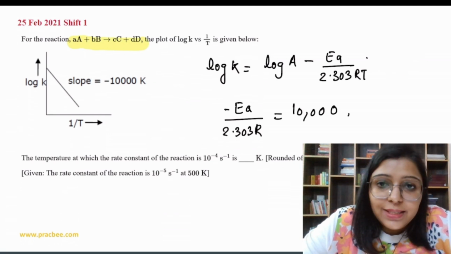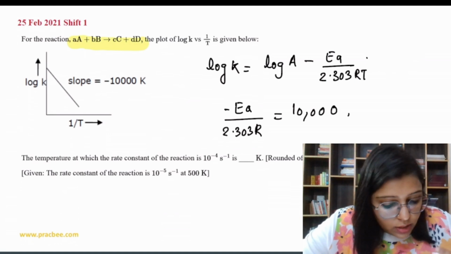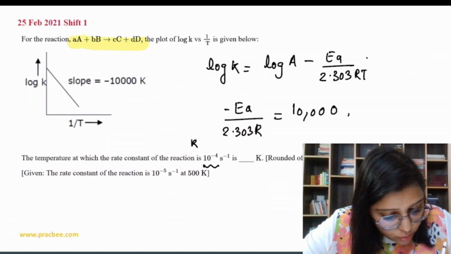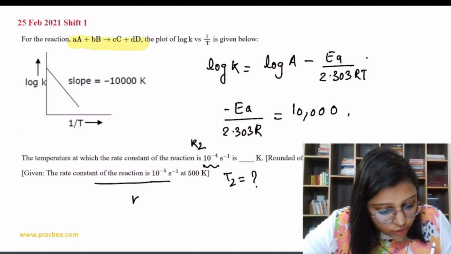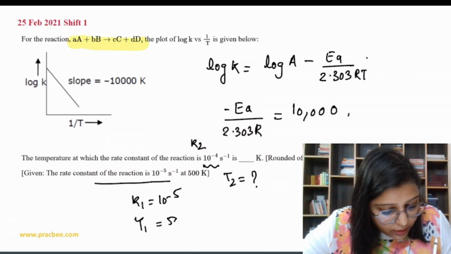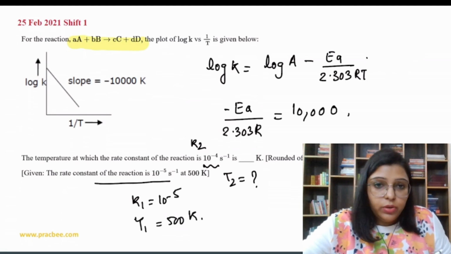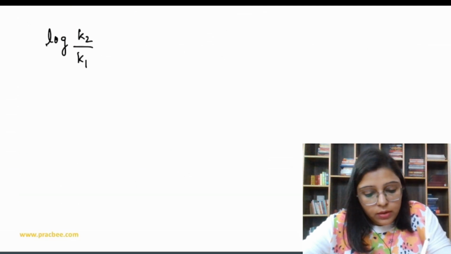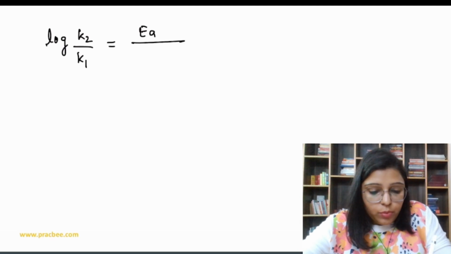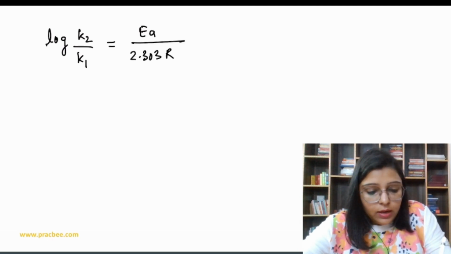Now the temperature at which the rate constant of the reaction is given, suppose this is K2, so we have to find out T2. And the rate constant of this reaction, K1, is given at a temperature of 500 Kelvin. So which formula are we going to use? We are going to use log K2 upon K1 is equal to Ea upon 2.303 R into 1 by T1 minus 1 by T2.